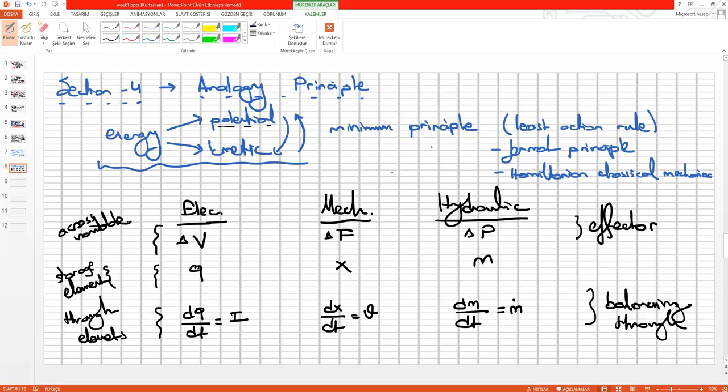Okay? If we apply the voltage, then some currents happen on the resistor or the capacitor or the inductance, to provide the minimum principle. Because they don't have any choice but to pass this current to provide the minimum principle. Okay? This is the basic notion of the analogy principles.